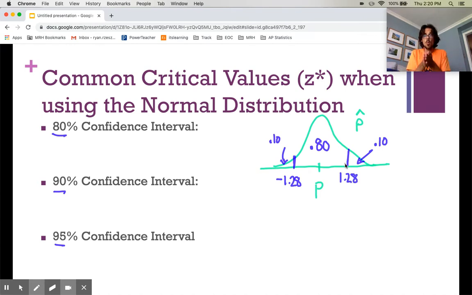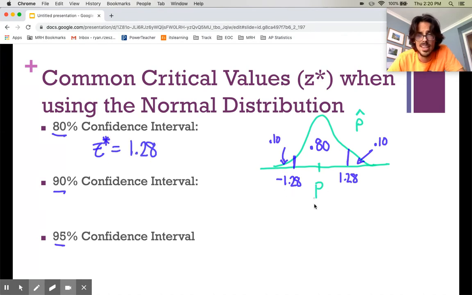So if you go 1.28 standard deviations each way, you're going to have 80% of your data points within those boundaries. So what that tells us is that our critical value for this problem, we would want to go 1.28 standard deviations. It gave me the negative version of the number, but for a critical value, you just always put the positive version of that number.